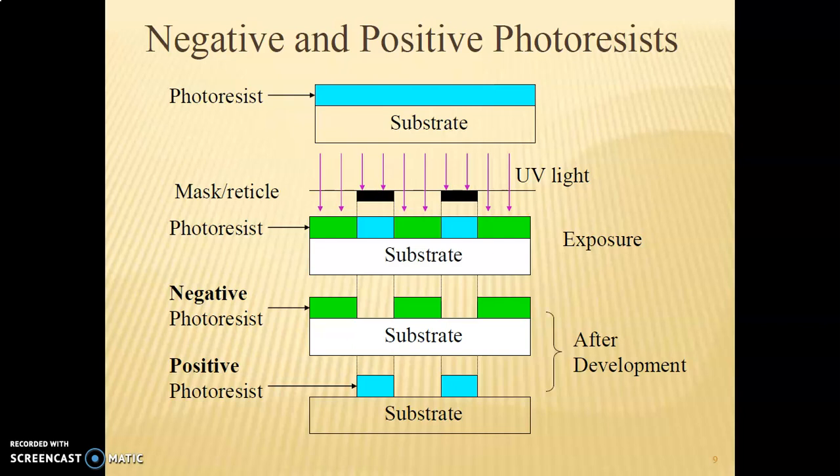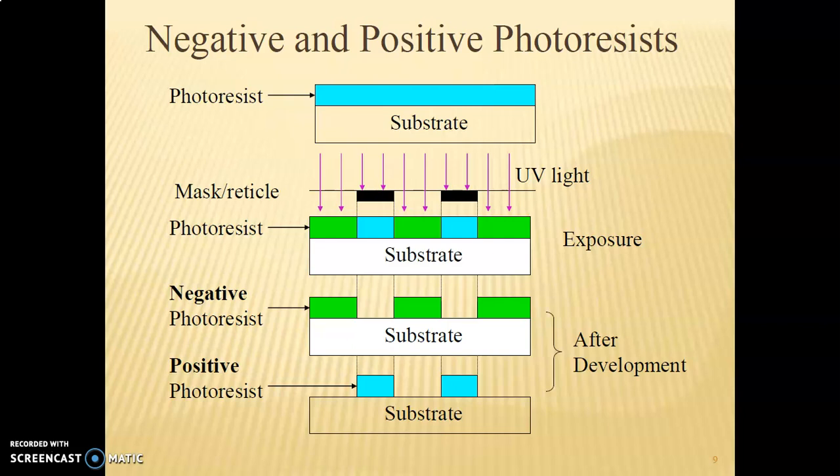Here the UV light passes through the green area, so the green area will solidify. This is known as the negative photoresist.